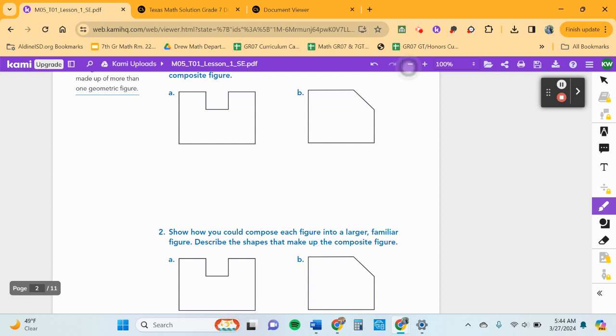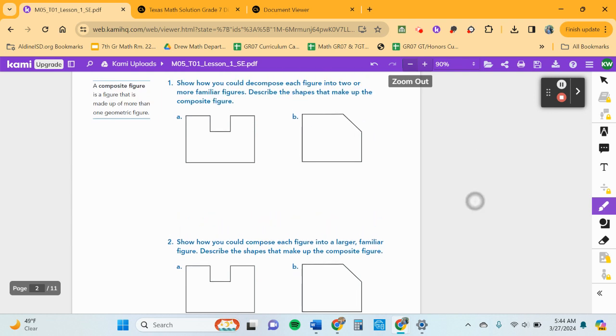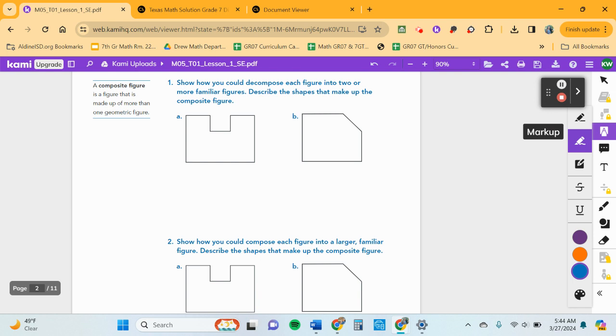So, what I want you to do now is look at number 1 and number 2. And again, I'm going to read the directions. Clarify the directions. For number 1, you are decomposing into two or more familiar figures. A familiar figure, a square, a triangle, a rectangle, a trapezoid, those are familiar.